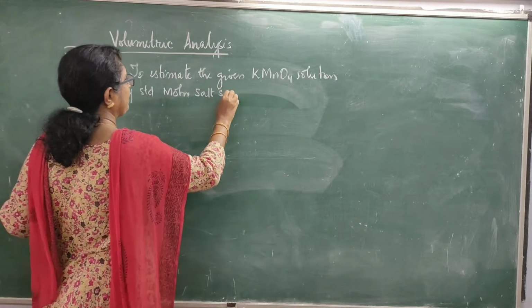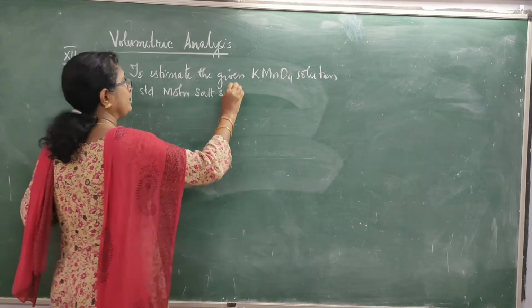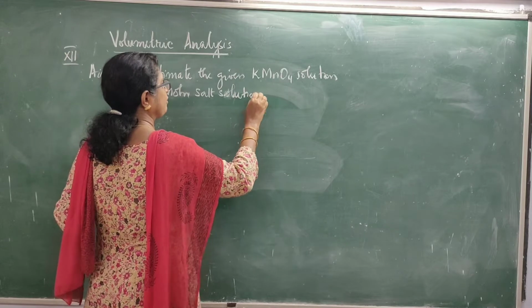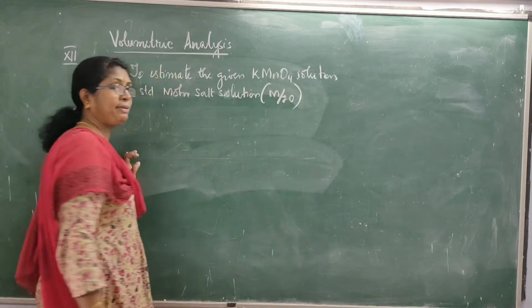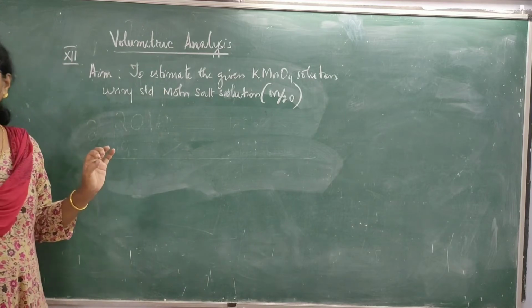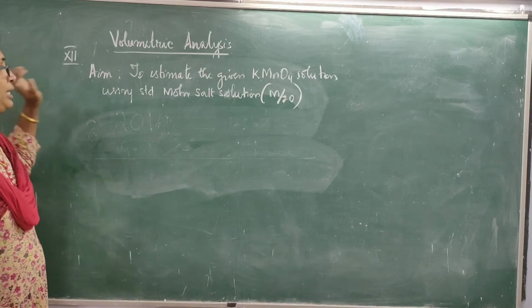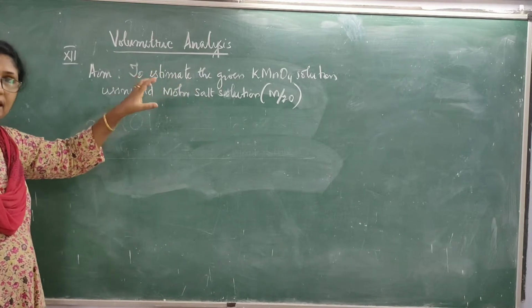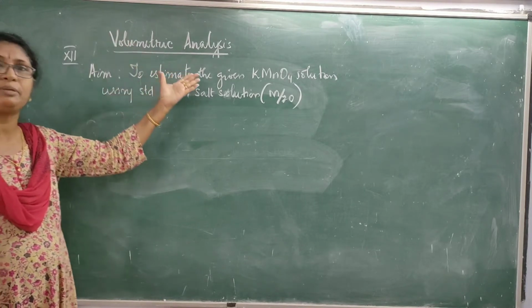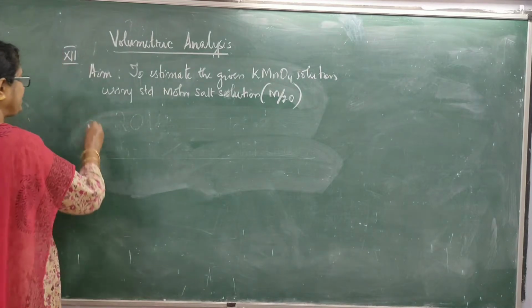So we are going to prepare a Mohr's salt solution, and the solution we are going to prepare is M/20. M/20 means 1/20 molar, that is 0.05 molar Mohr's salt solution, and using that Mohr's salt solution we are going to estimate the potassium permanganate solution.